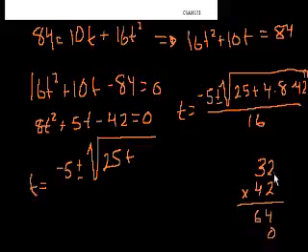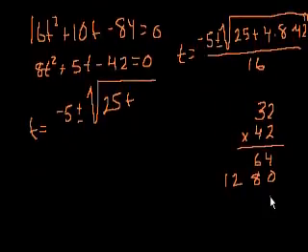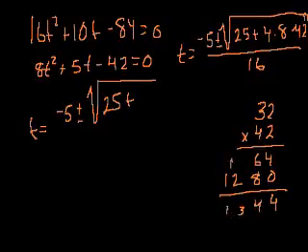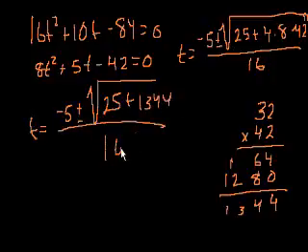Put a 0. 4 times 2 is 8, 4 times 3 is 12. So you end up with 1344, and we're going to add this 25 here. So plus 1344, all of that over 16.